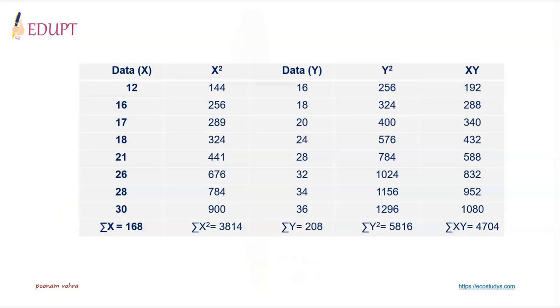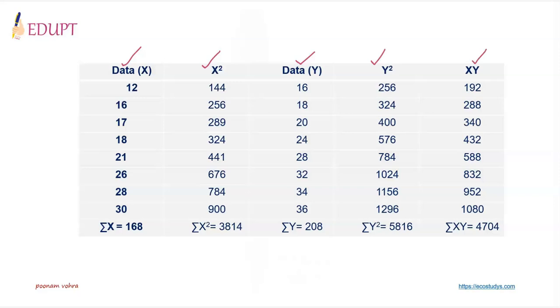First column is values of the variable x. Second column, you square these values. Third column, values of the variable y. In the fourth column, square the values of y. And finally, you multiply the values of x and y.